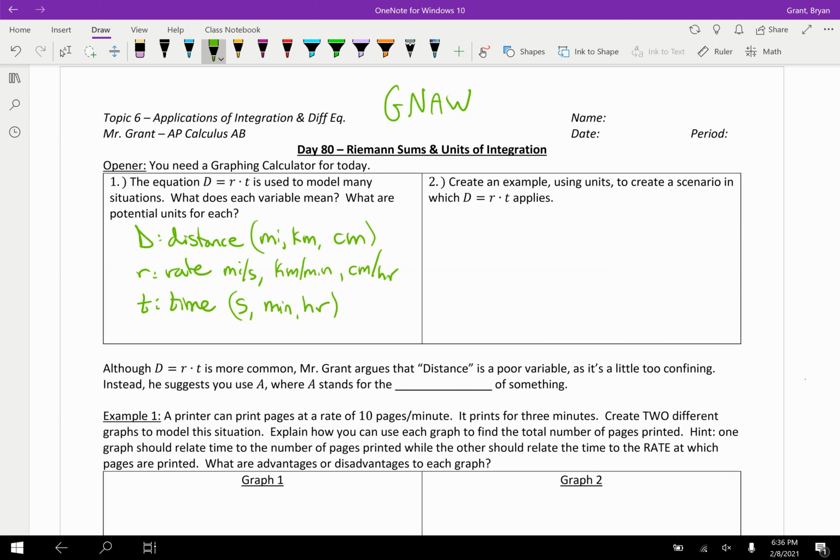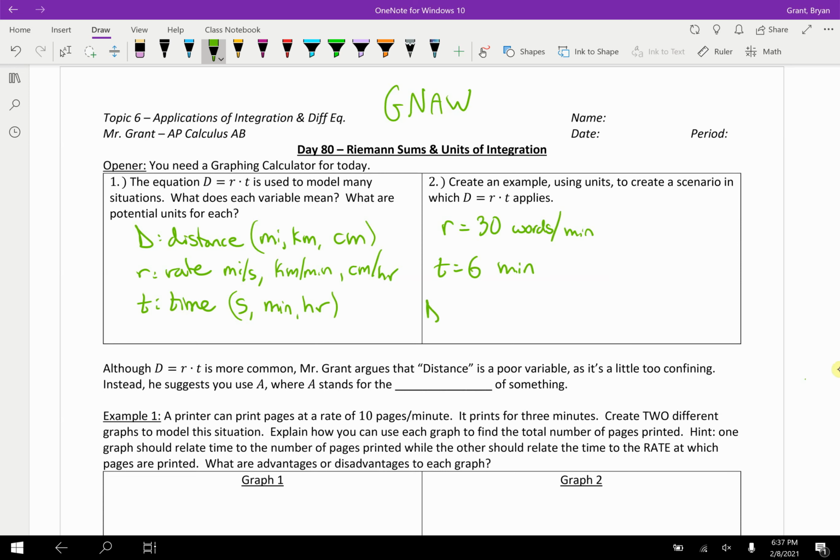They did ask you to create an example using units, and so I'll just do a very quick one. All right, so let's say that I talk at a rate of, let's say 30 words per minute, and I talk for a time of 6 minutes.